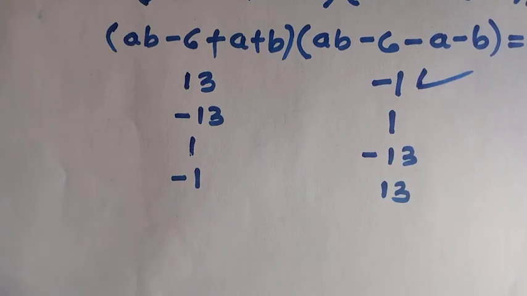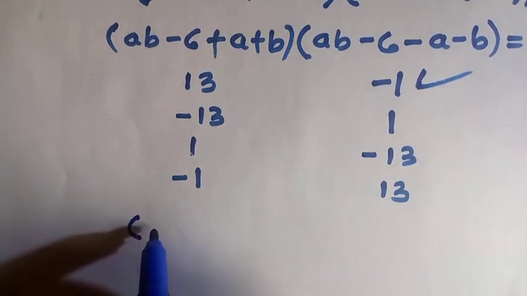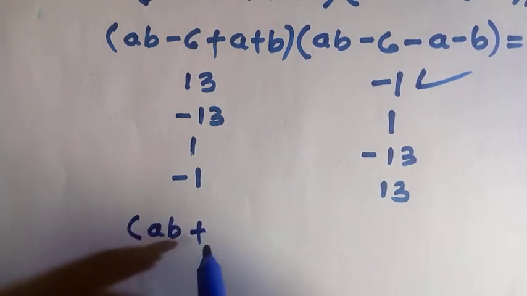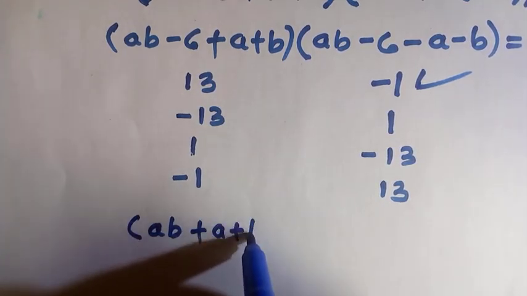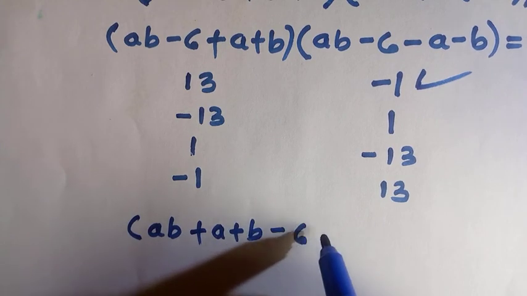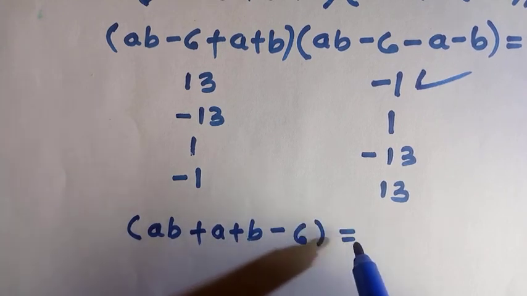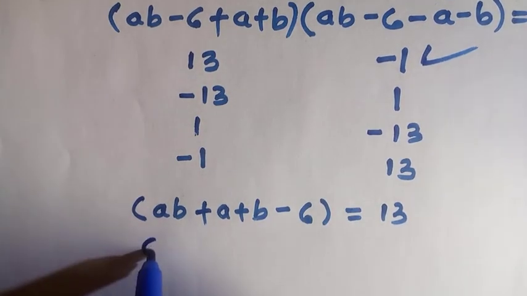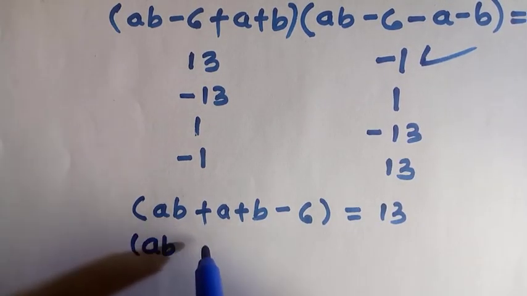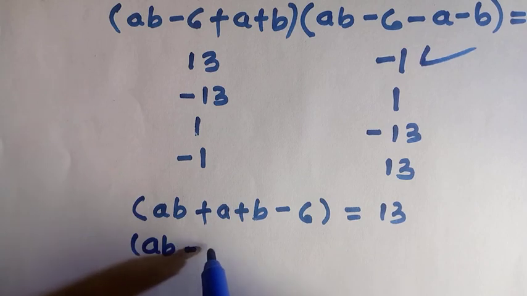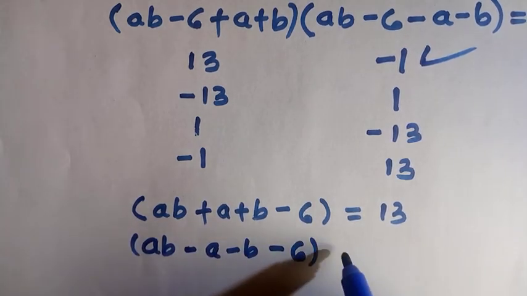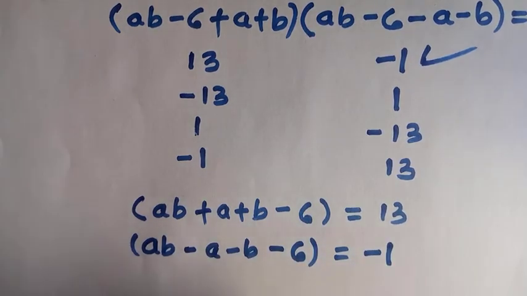But let's see how we are going to get the values. If I do the arrangement, we have ab plus a plus b minus 6, and let this one equal 13. For the second one, which is going to be negative 1, we have ab minus a minus b minus 6, and this equals minus 1.